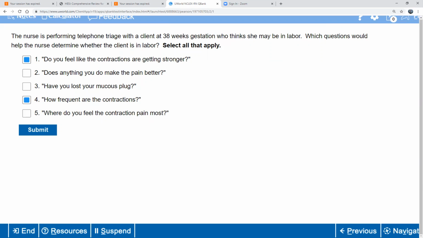If you want to add anything, you can, or if you want to change anything. I'm not sure about the mucus plug. Have you lost your mucus plug?